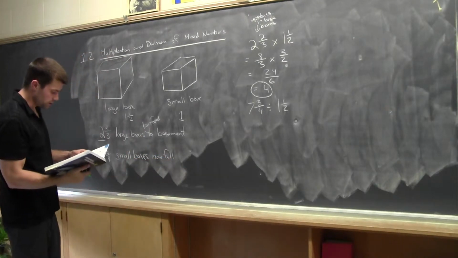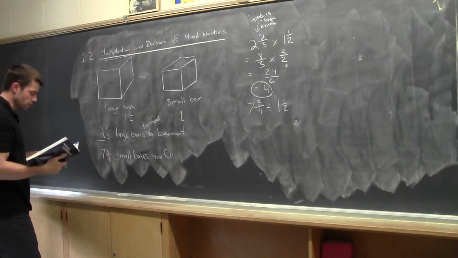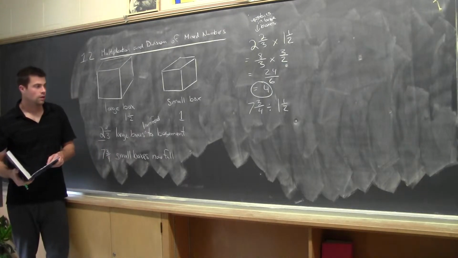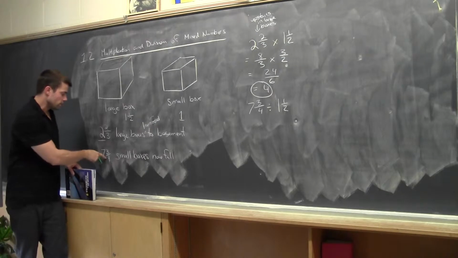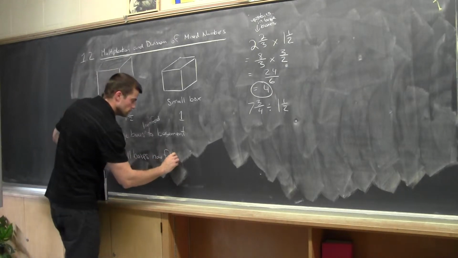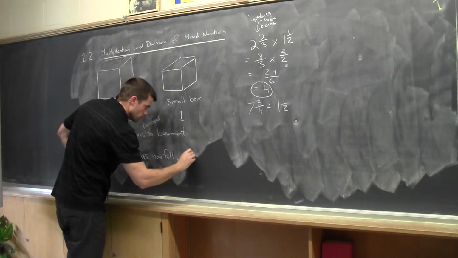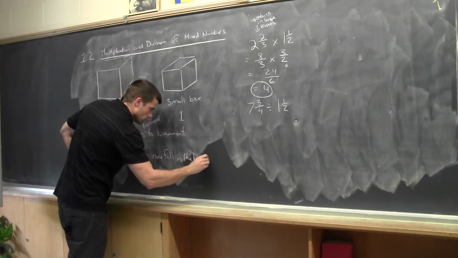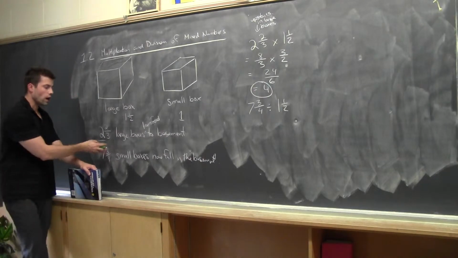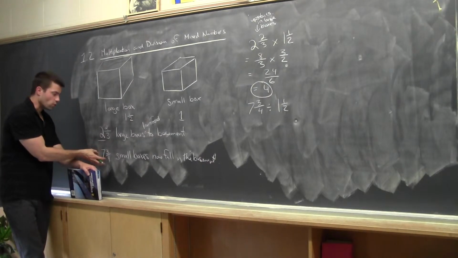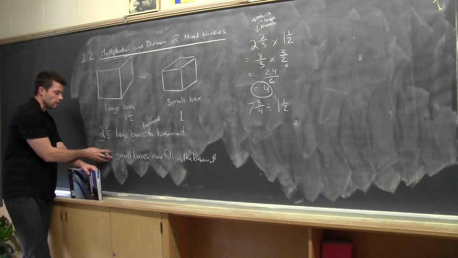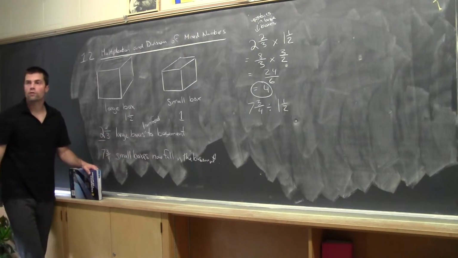Okay, the next part says, how many large boxes would hold all the cans that are now in the basement? So it tells us that there's 7 3/4 small boxes now full in the basement. Well, if we want to know how many large boxes go into this 7 3/4 small boxes, we need to divide this amount by the number of small boxes in a large box.